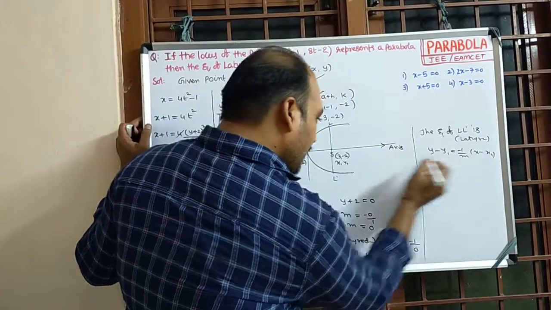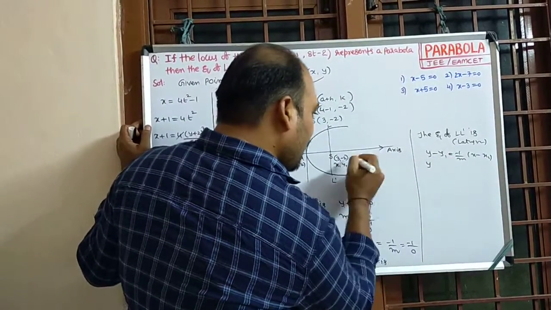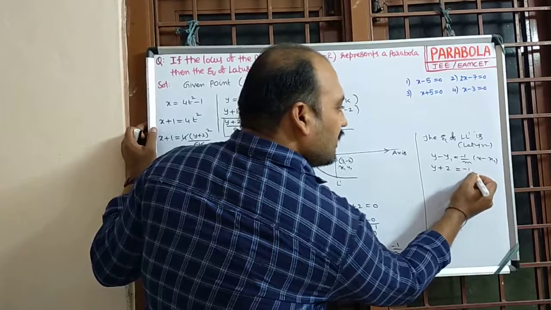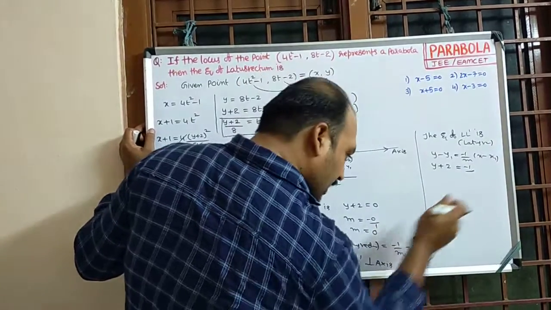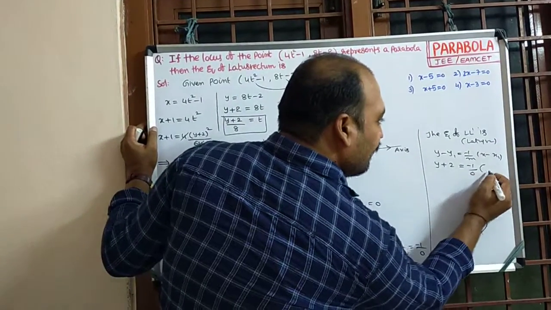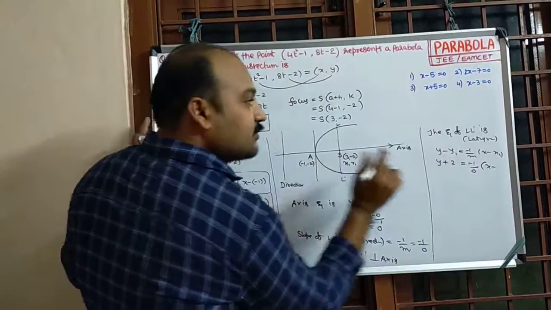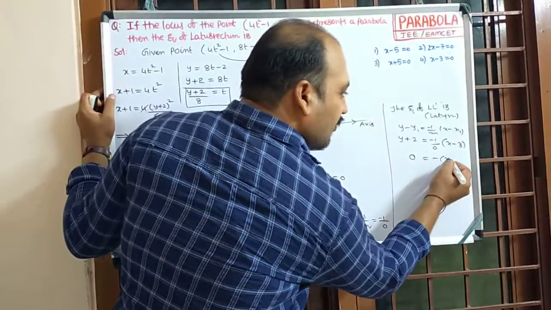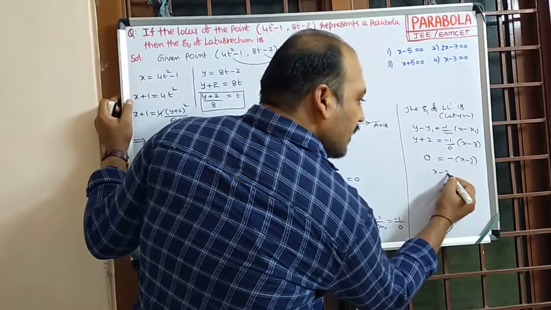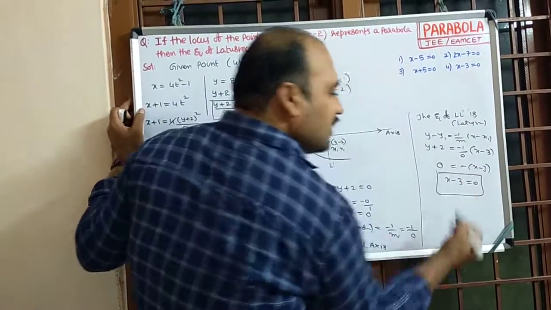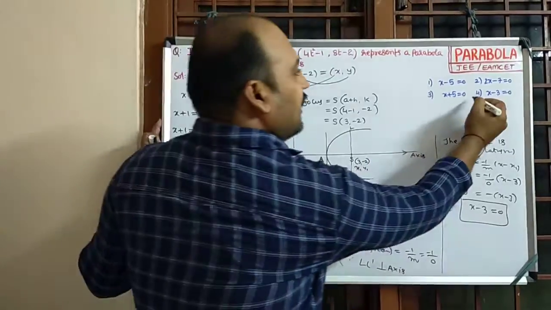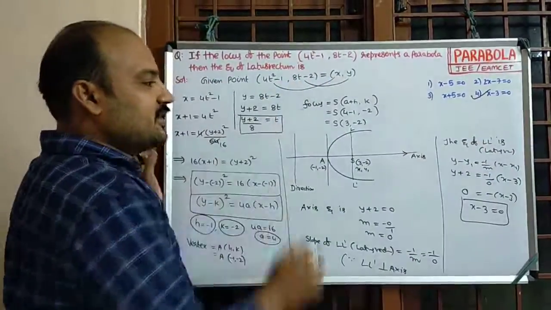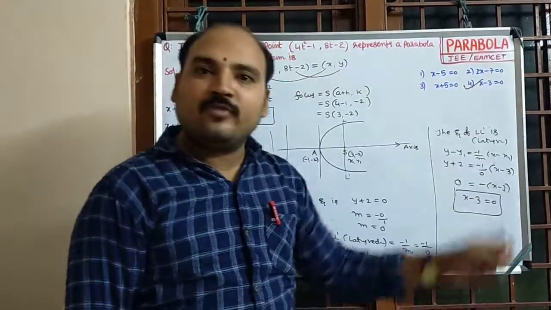So y − (−2) = (−1/0)(x − 3). Cross multiplying, 0 = −(x − 3). So x − 3 = 0. This is the equation of the latus rectum. So the equation of the latus rectum is x − 3 = 0, which is in the fourth option.